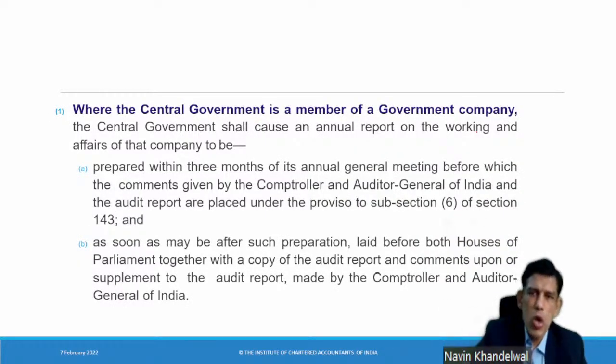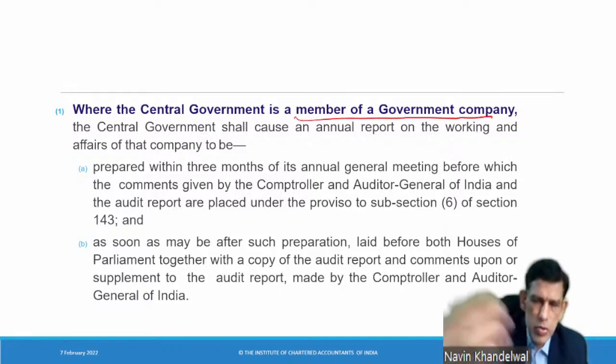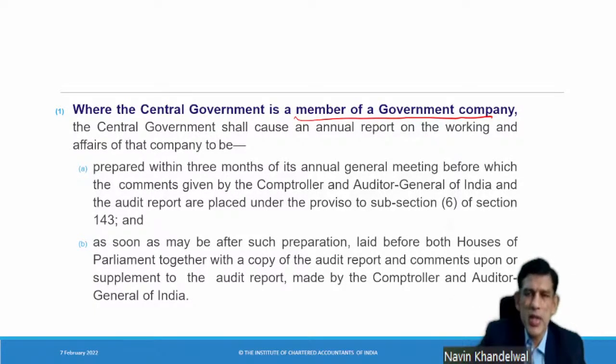So where the central government is a member of a government company, the exam question is, friends, what is the requirement?